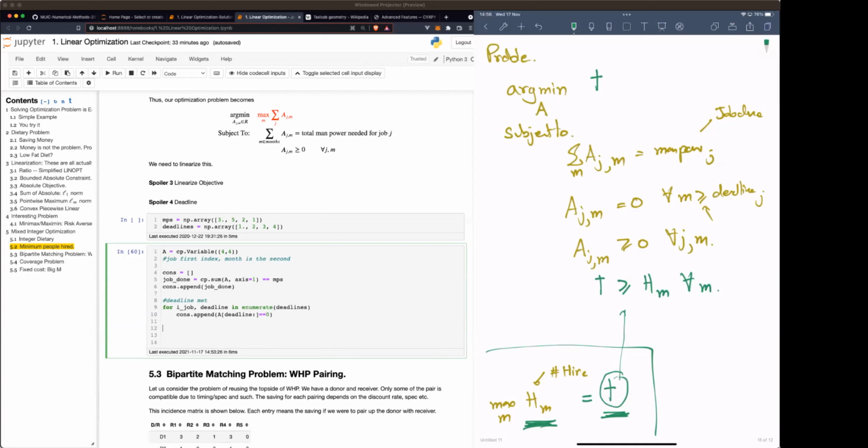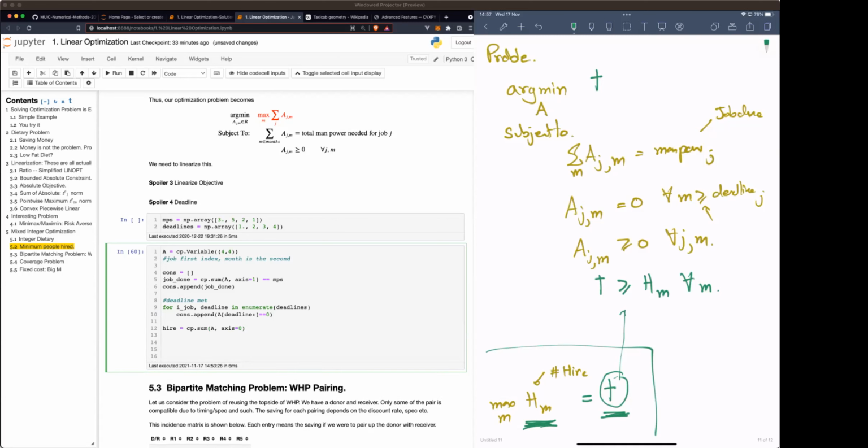Oh, the higher amount is going to be, I need a variable called t.